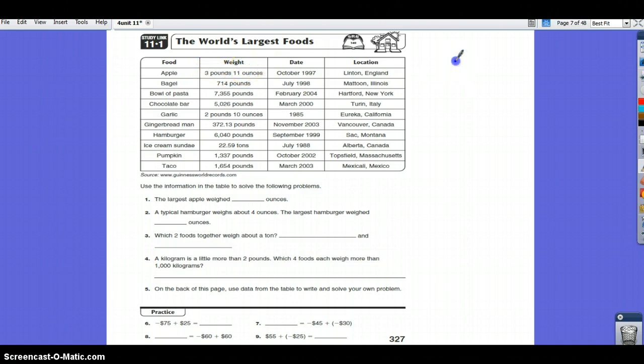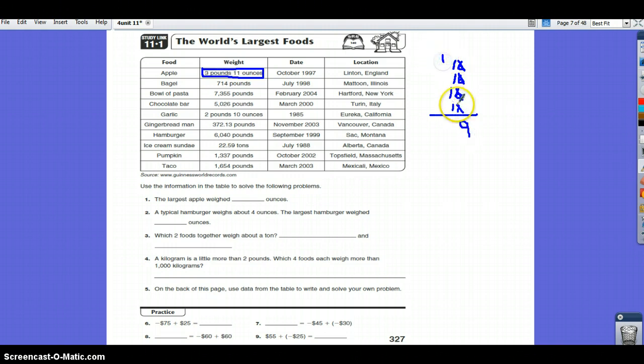Well, I know a pound is 16 ounces. So I got to do that 3 times because it says there's 3 pounds. And then I have to do the 11 ounces on top of that because that is the total that it gave me for its weight. So I need to add 6 and 6 is 12, plus 6 is 18, plus 1 is 19.